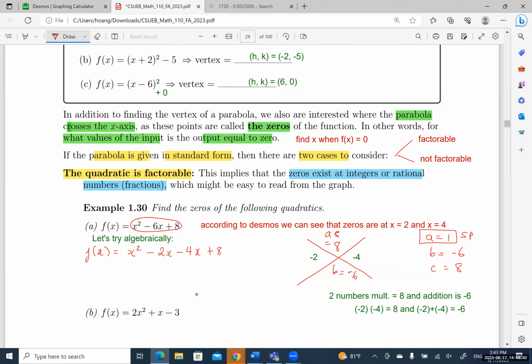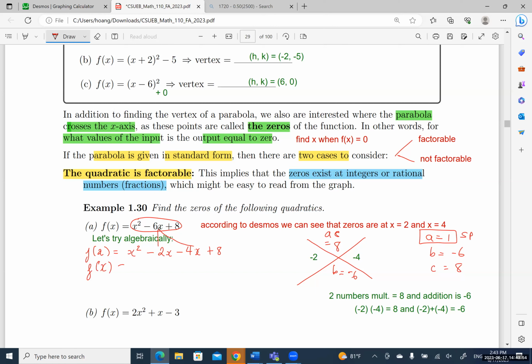Okay, as you see, minus 2x minus 4x here is equal to -6, right? Because we just split it out into these terms. So there is a reason why we have to split these two terms, because we can apply the grouping method in this case.